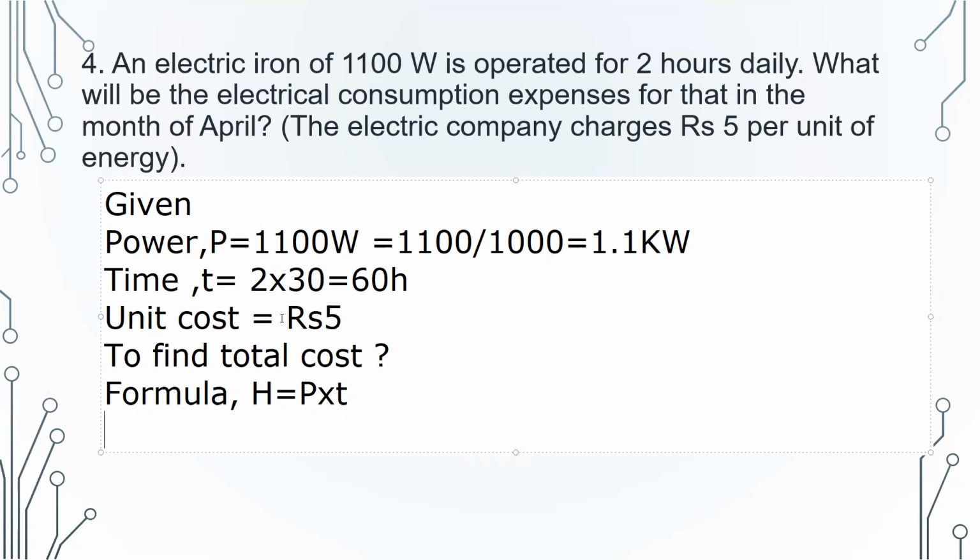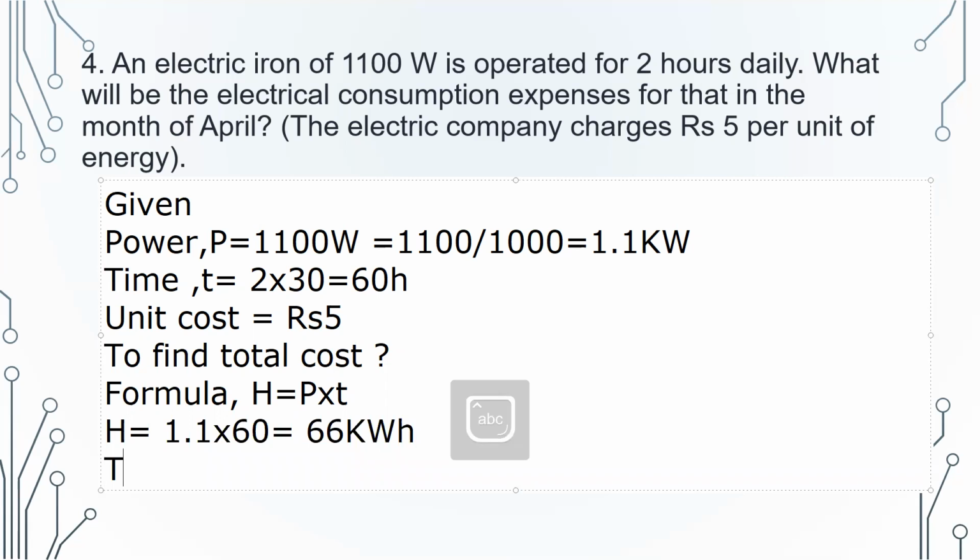Substitute the values, we will get H is equal to P is 1.1 into 60 hours. 1.1 into 60 is 66 kilowatt hour. 66 kilowatt hour we got. Okay. And we know that unit cost is ₹5.